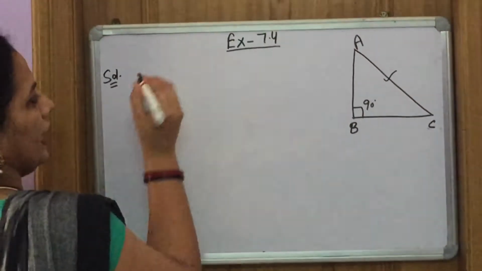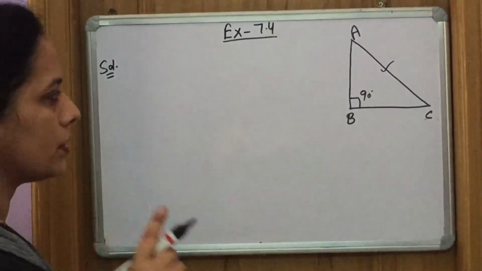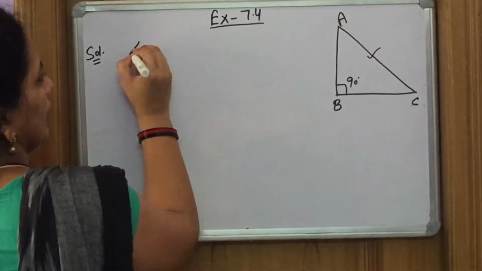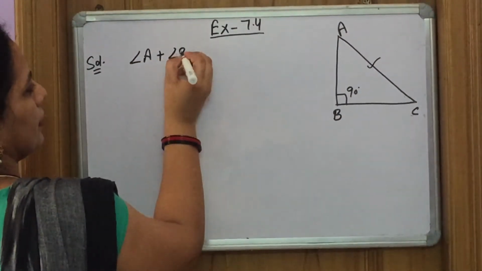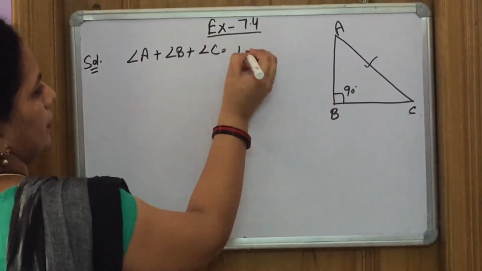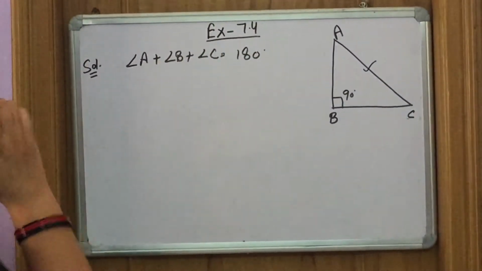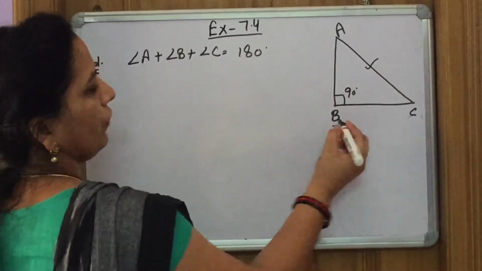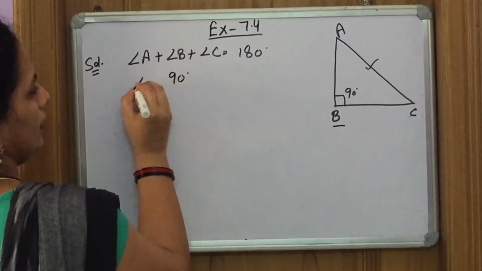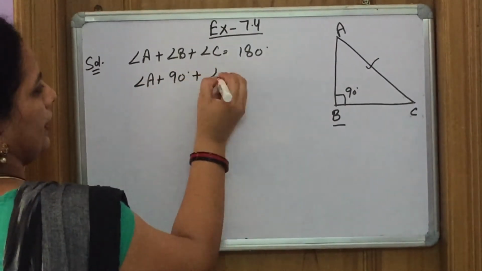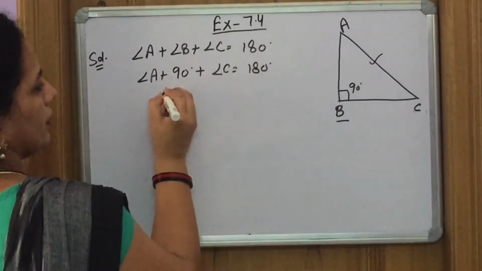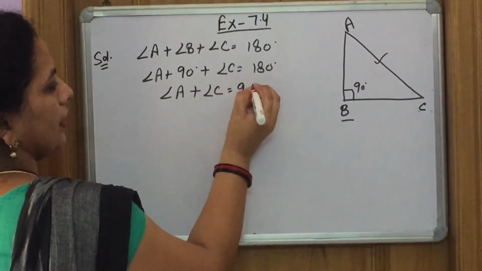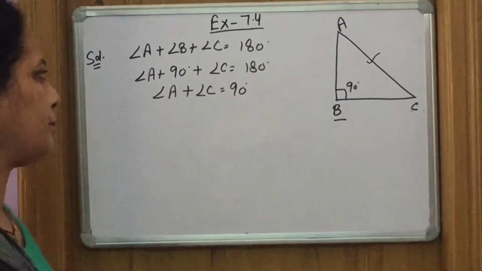as we know by the angle sum property, the sum of all angles of a triangle is 180 degrees. So we can say that angle A plus angle B plus angle C is equal to 180 degrees. And we know the value of angle B, so we can write here the value of angle B, and we get the sum of angle A plus angle C is equal to 90 degrees.